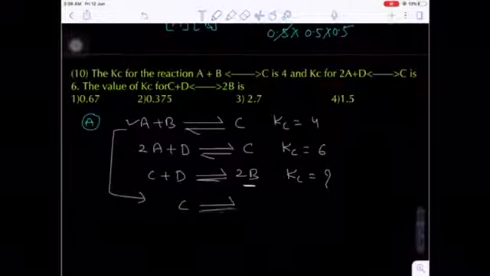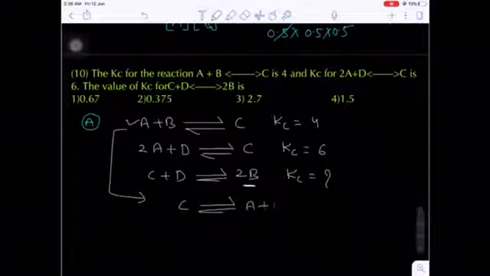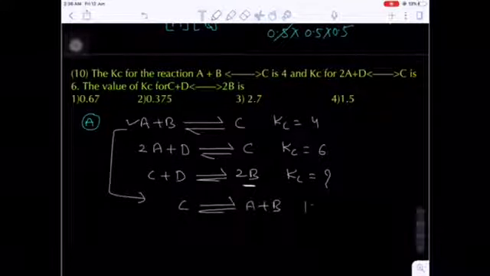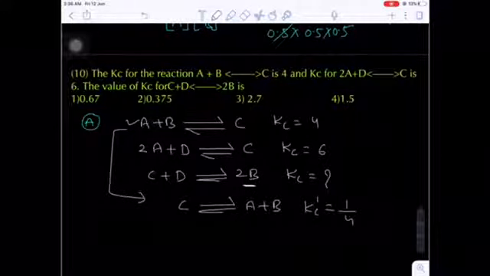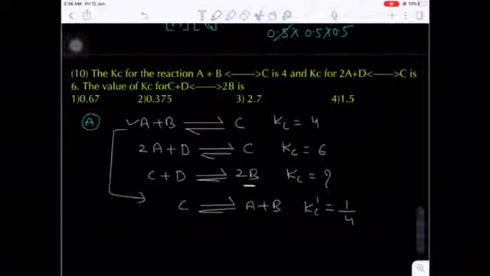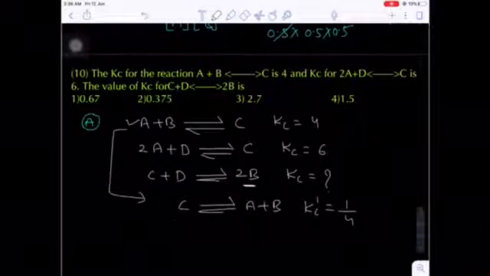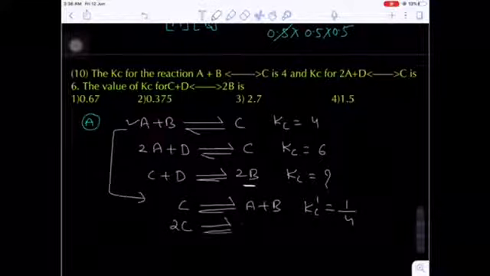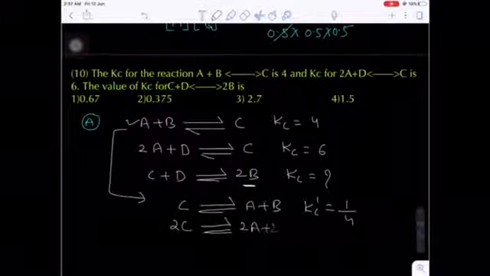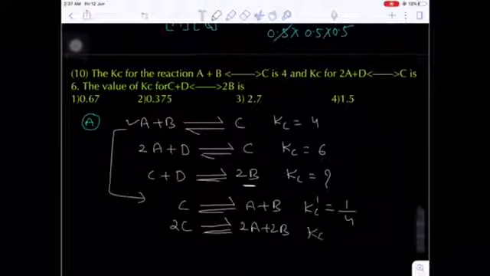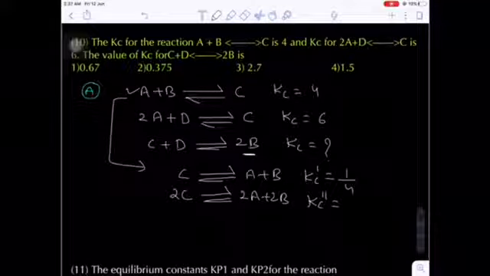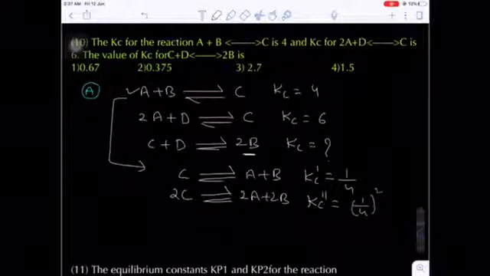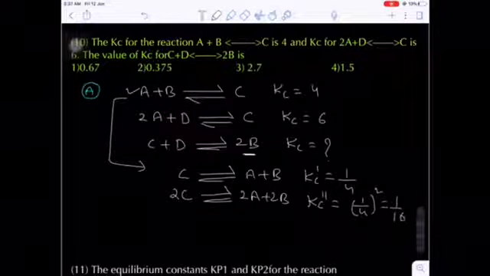Equation 1 interchanged, so you will get Kc dash equal to 1 by 4. Now the coefficient of B will be 2, so I am multiplying by 2 on both sides: 2C equilibrium 2A plus 2B. When we multiply with a suitable integer, that integer will be raised to the power, so 1 by 4 whole square, that is 1 by 16.